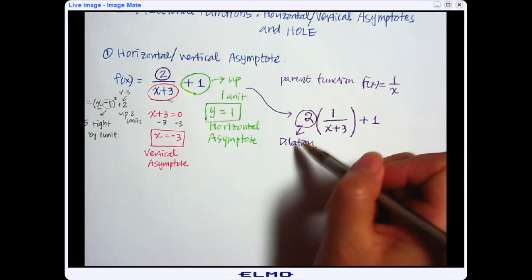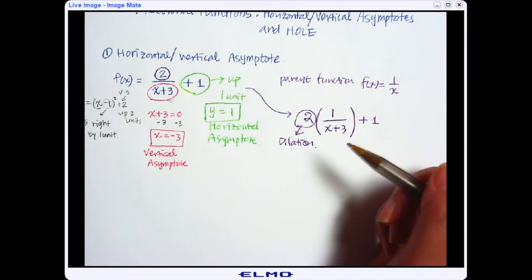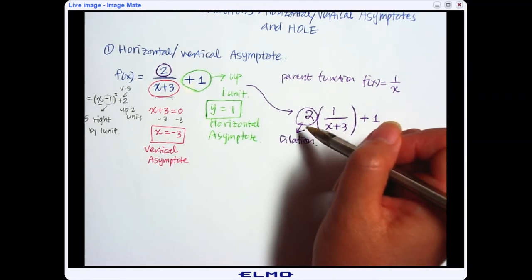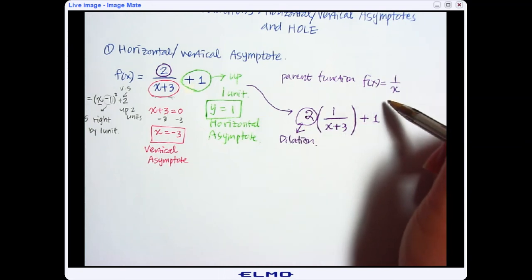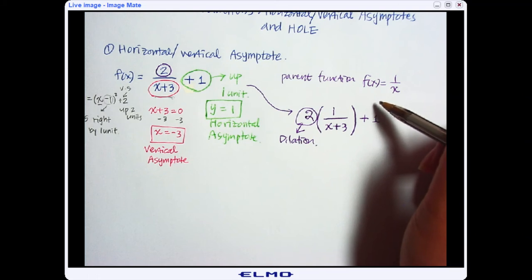Okay, then how do I observe this dilation? This is the factor, and it changes the shape. Then as you know, the basic graph of the rational function is 2 curves in 2 quadrants. So it's going to take different concave degrees. It could be a really narrow and sharp curve, or it could be wide and slow down the curve.